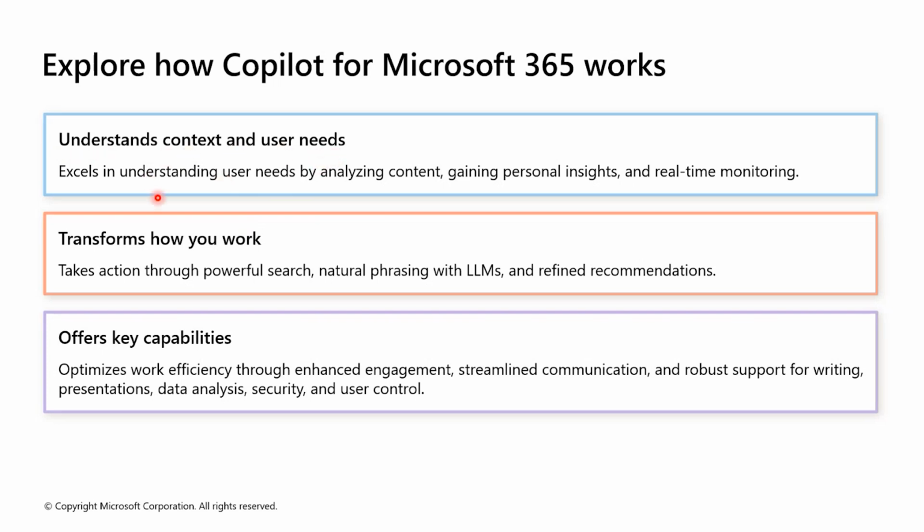What it does is analyze your content, be it a draft, an email, or a meeting topic, scrutinizing the subject, tone, structure, and semantics to get your intent just right.